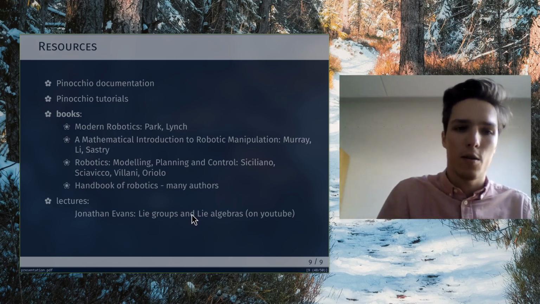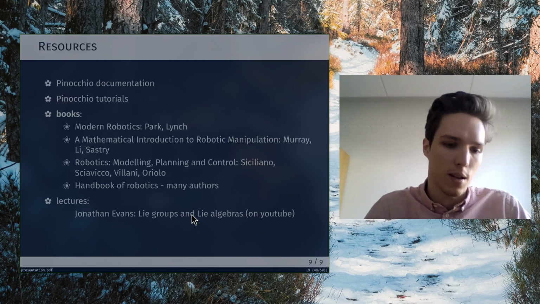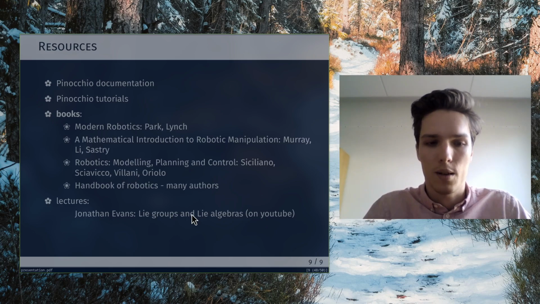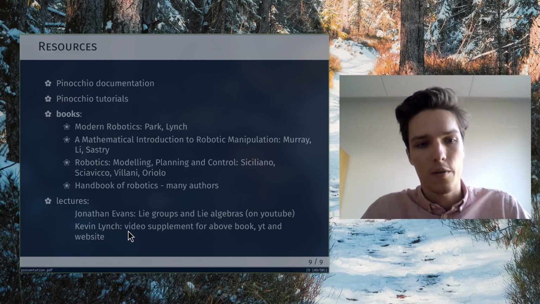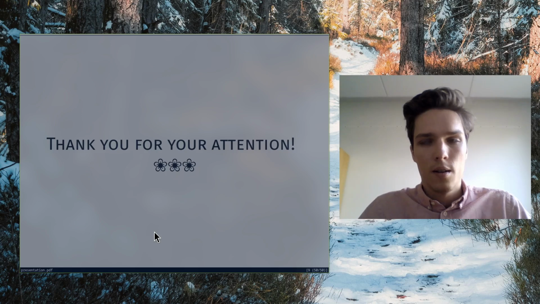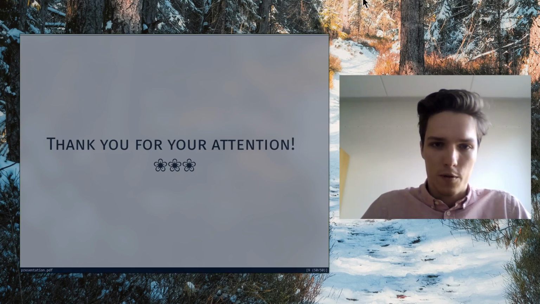There is a place for that in robotics, but that's very advanced, and I don't think that you should start off with that. And finally, Kevin Lynch with video tutorials, so that it's easier to know what you're reading if you watch the video on it first. That would be it for this tutorial. Thank you for your attention.